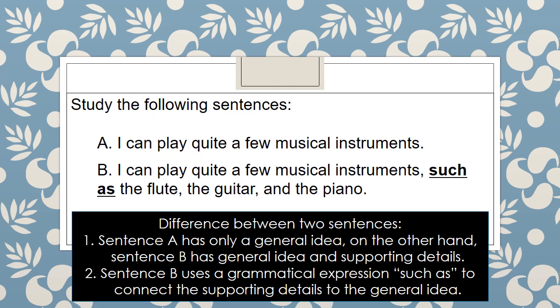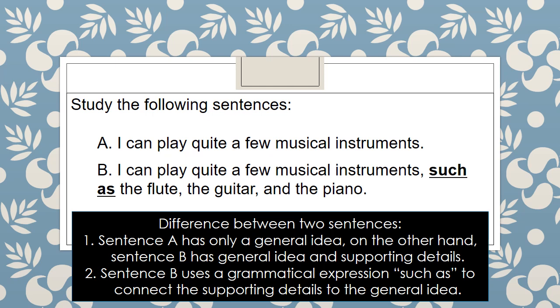So the first difference between the two sentences is that sentence A has only a general idea. On the other hand, sentence B has a general idea and supporting details. The supporting details there are the flute, the guitar, and the piano, and the general idea is I can play quite a few musical instruments.